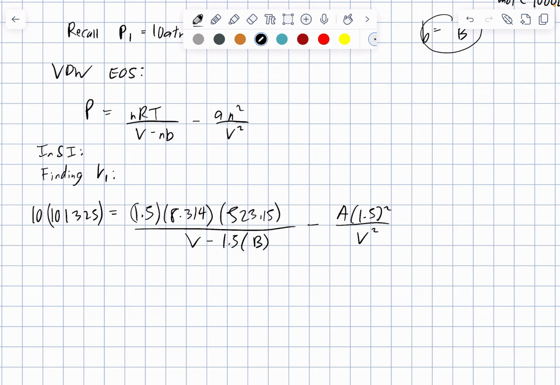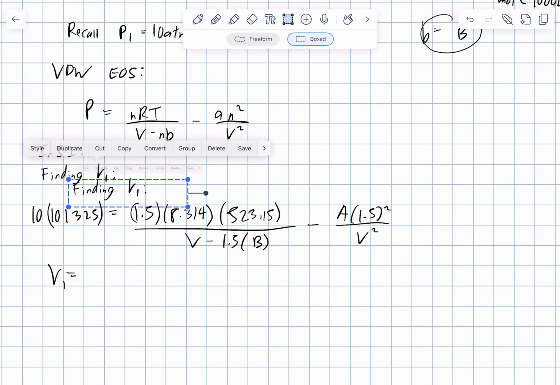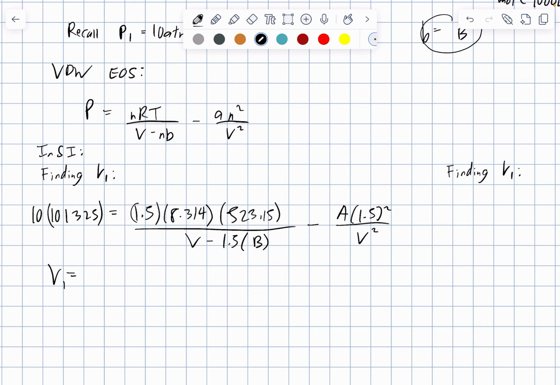Don't forget the squared. Shift solve. What's going to be the answer? This is V1. And then after this, we're going to find V2. For V1, it's 6.4237 times 10 raised to negative 3. I'll store this as C.